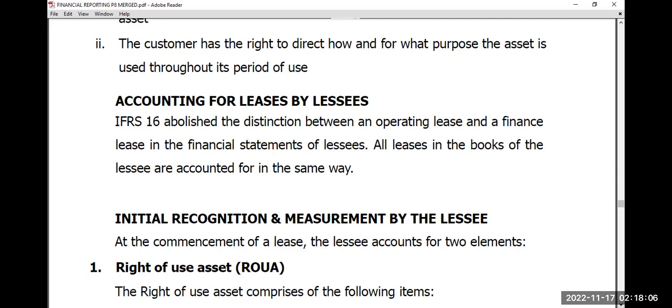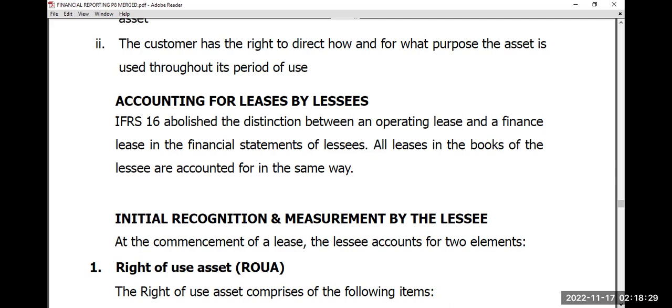We spoke earlier that previously these leases used IAS 17, and they were categorized between operating leases and finance leases.